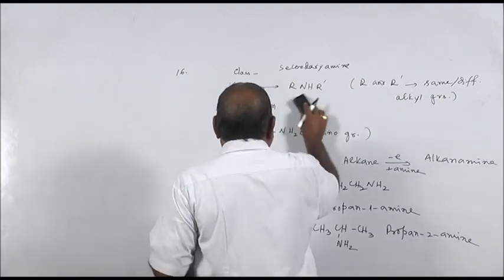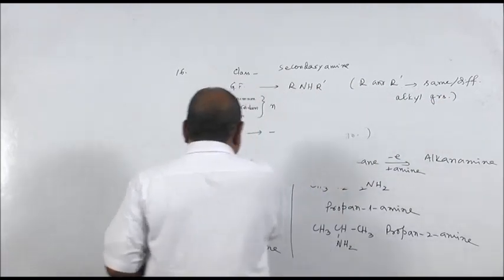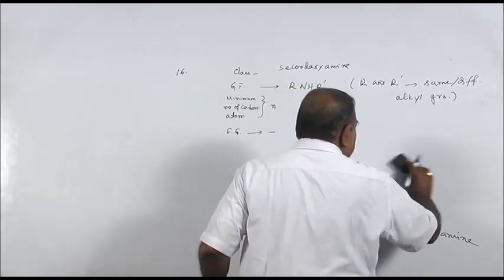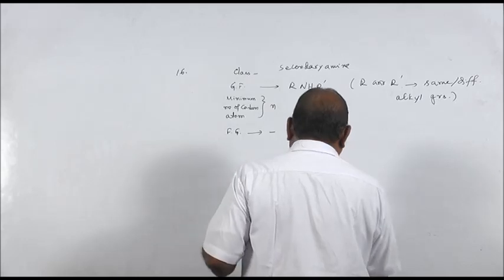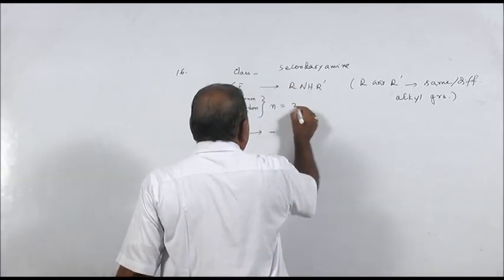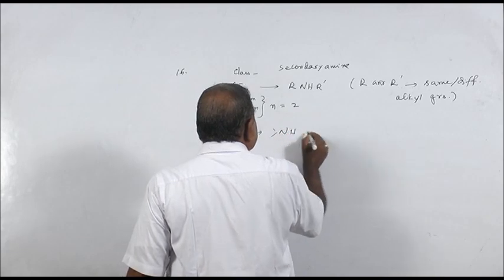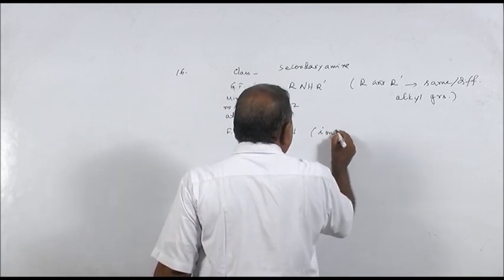So the minimum number of carbon atoms here will be 2. Functional group is NH. This is called imino group.